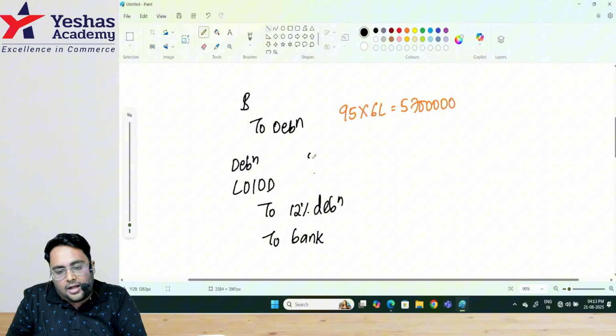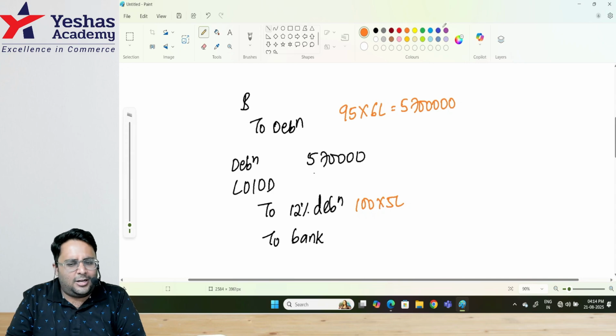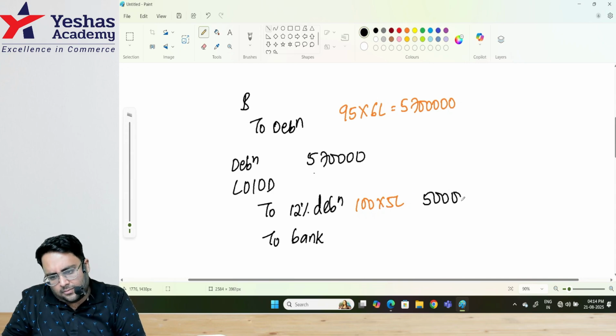Debenture account debit, how much? 5 crore 70 lakh. To 12% debenture, 100 into 5 lakh. 5 crore.